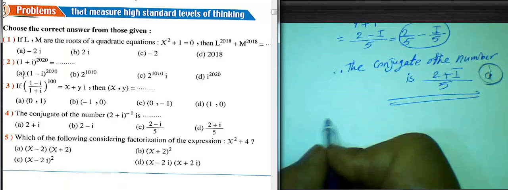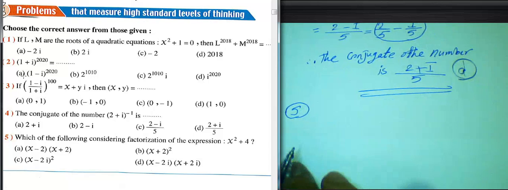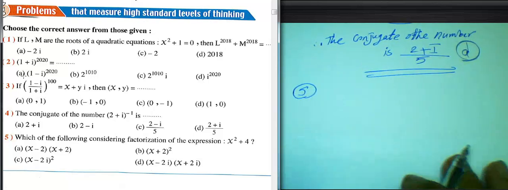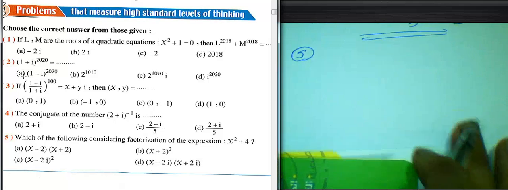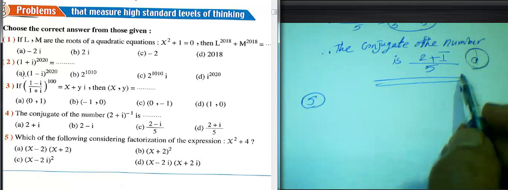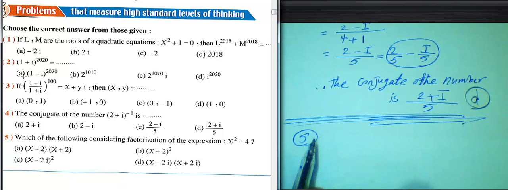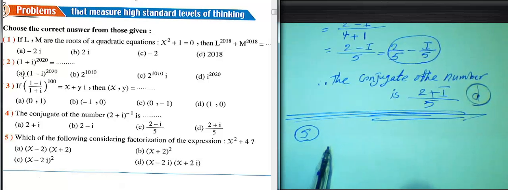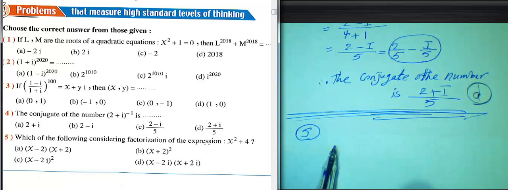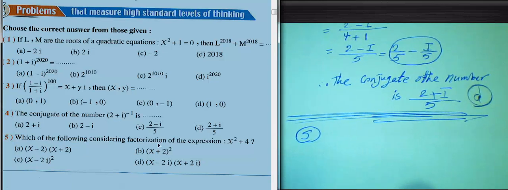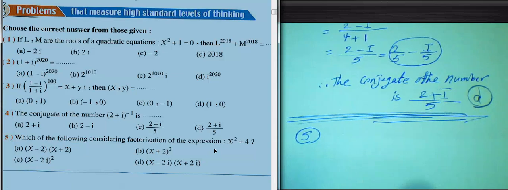Question 5, this is the last question. We will solve it today. Okay, pay attention with me. Which of the following is the factorization of the expression x power 2 plus 4?